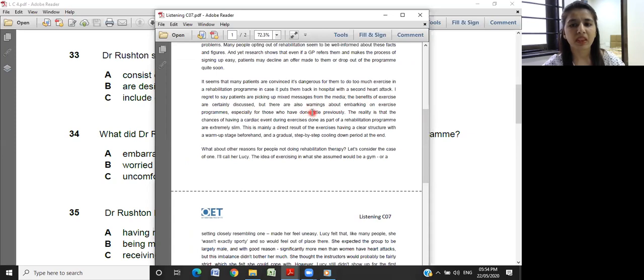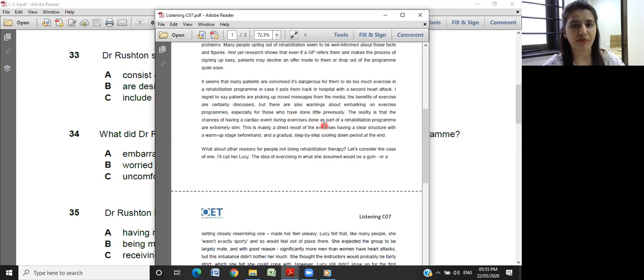And the warnings he has already mentioned earlier, that the people are picking up mixed messages. So in fact, there are benefits that are highlighted, but on the other side, some media outlets or somebody out there in the public domain is claiming that it could be dangerous to take an exercise program, particularly if they have never done it before. But the question is asking us an entirely different thing.